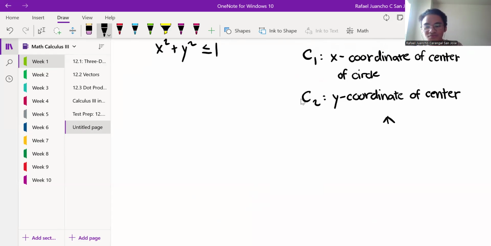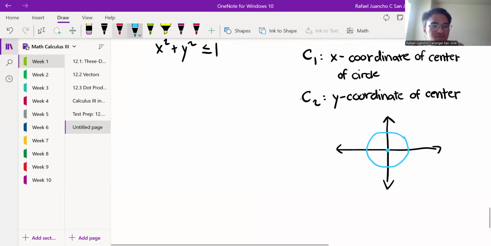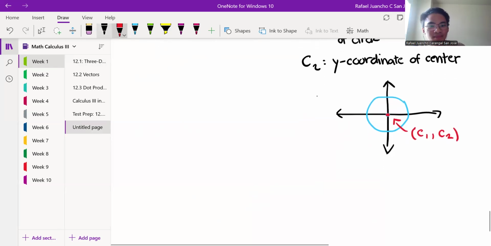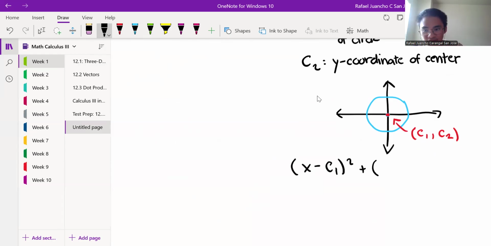So from 2D, we have this circle. C1 and C2, this is the center, right? So actually, the equation is the sum of x minus C1 squared and y minus C2 squared is the radius times itself.